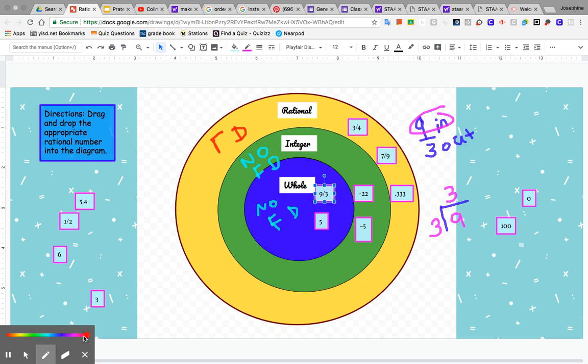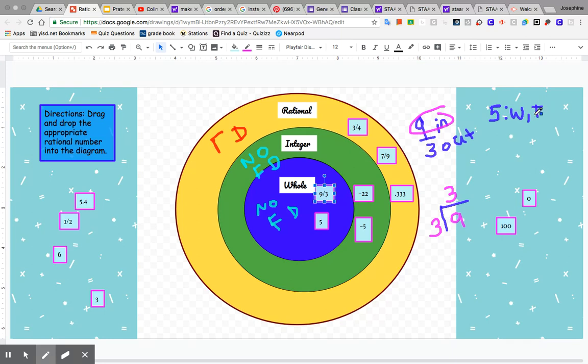Now let's just tie this all together. This is a part that's very important that you have to understand. All of these numbers are considered rational. For an example, the number 5, its first identification is whole. That's its number one identification. If we're going to say what kind of number 5 is, we're going to go straight to whole. But since 5 is within the rings of the integer realm and the rational number realm, then we could say 5 is also an integer.